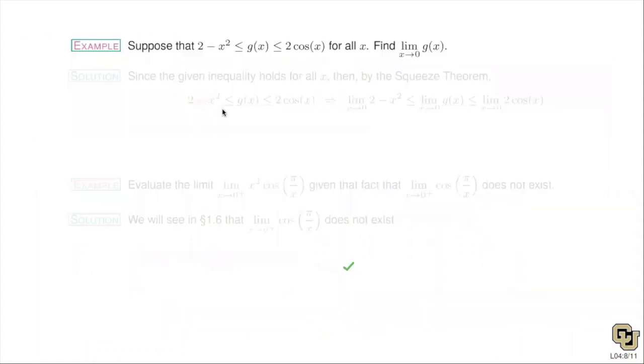Okay, let's do some quick squeeze theorem problems. This first problem is kind of too easy, but I wanted to start slow. Here we're asked to find the limit of some function g of x as x goes to 0. We don't know what the function g of x is. The only information we have is that g of x satisfies this inequality.